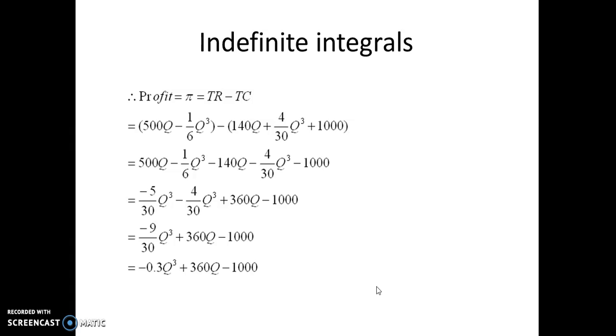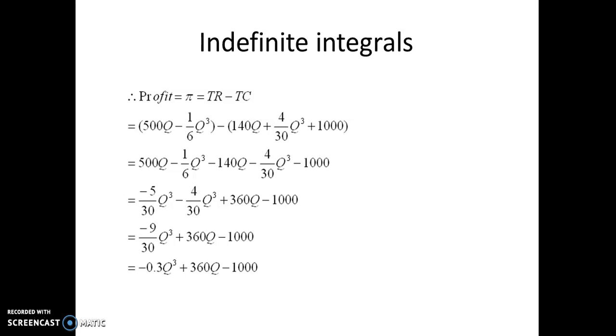Now, this is the step that I wanted to get to. The question just prior that you need to work through on your own, you needed to get your total cost function and you needed to get your total revenue function. Now, you could typically be exposed to a question where it says, right, determine the function for your profit.